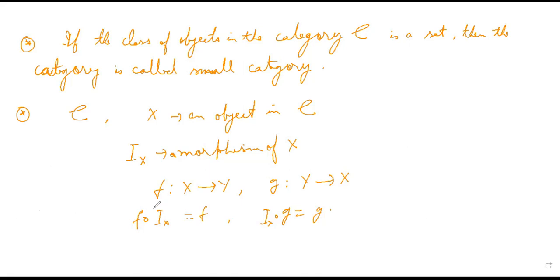So this is the condition for Ix to be an identity morphism.